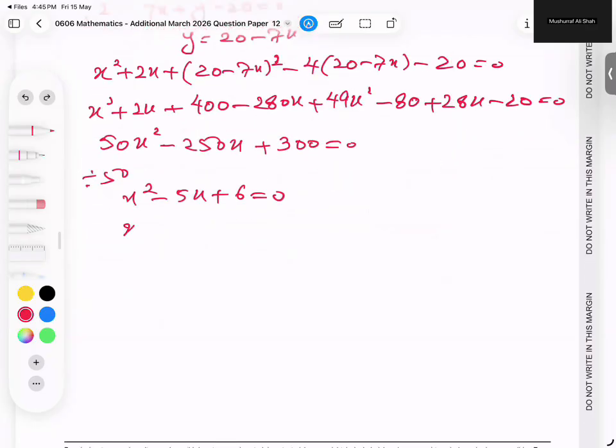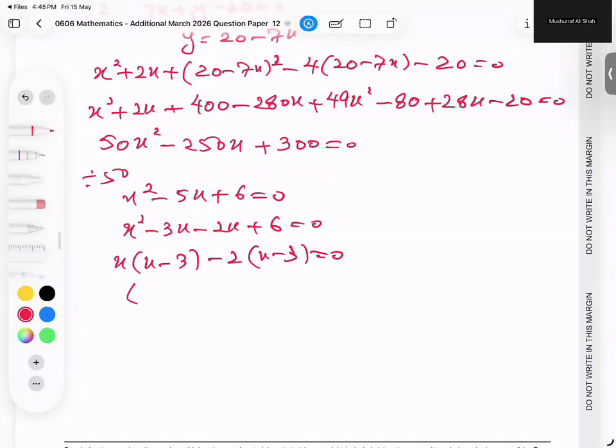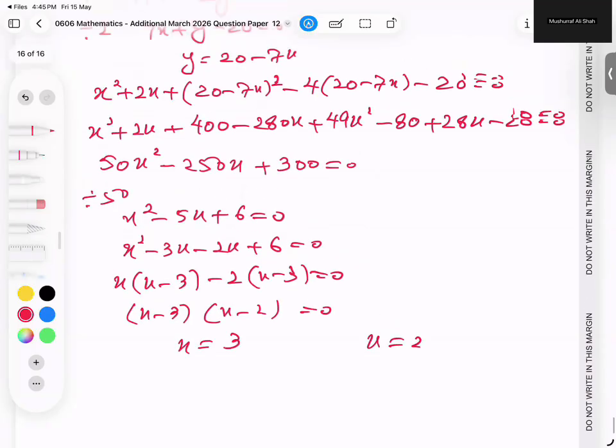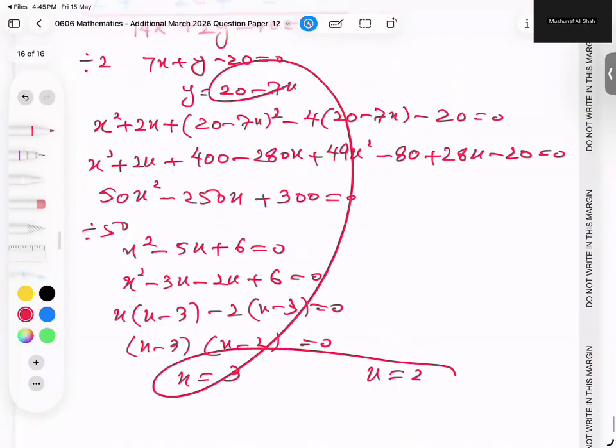Okay, factorization of 6. So negative 3x, negative 2x. So we're getting here x minus 3 and x minus 2. So we're getting two answers of x, 3 and 2. Well, the game is not done. Both values I'm going to plug in here.